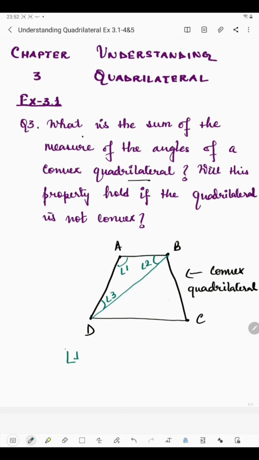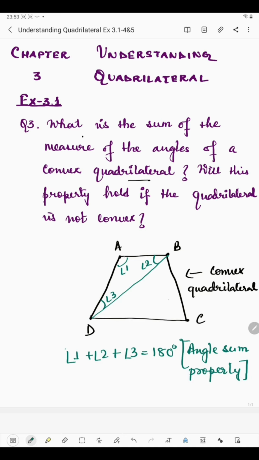Angle 1 plus angle 2 plus angle 3 will be 180 degrees. This is the angle sum property of a triangle, right? So the sum of angles of this triangle is 180 degrees.